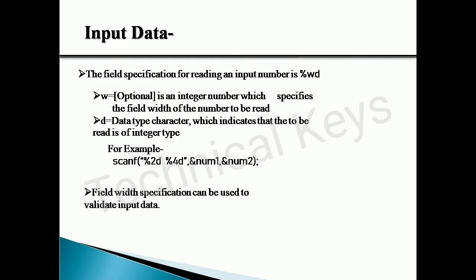Now, why do we need this width specifier, or is it really necessary? In most cases for the integer part it is not required, but for the decimal part, in most programs you will require this width specifier to restrict the number of decimal places you want to display.